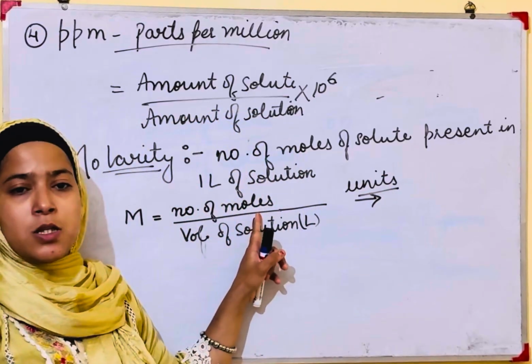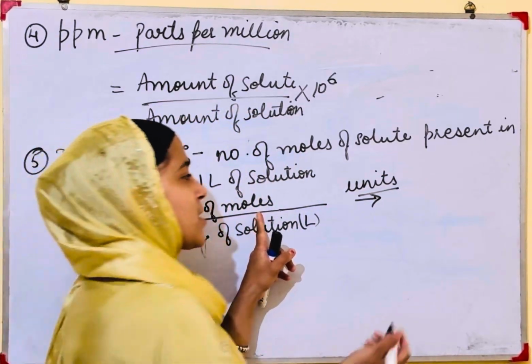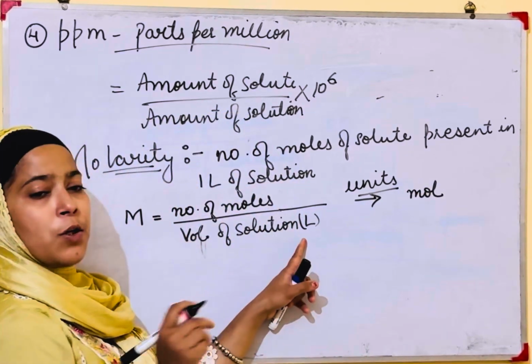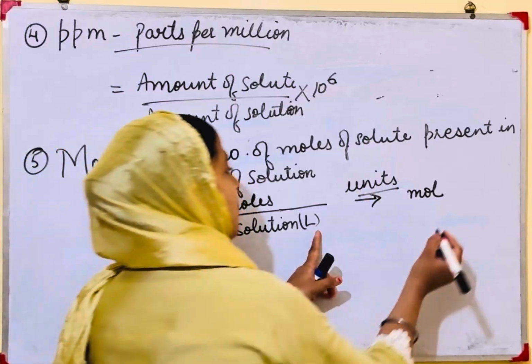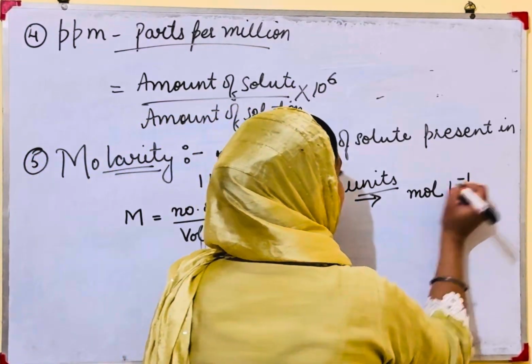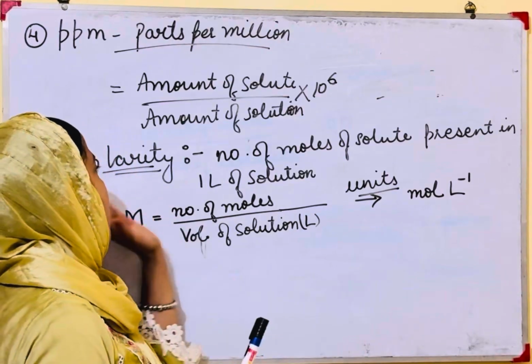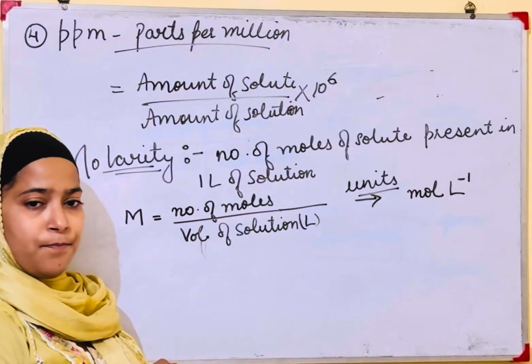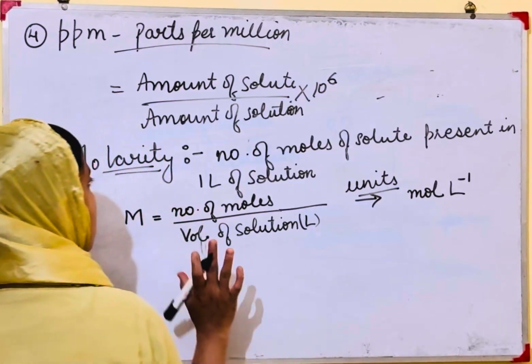Number of moles, unit is moles, so mole. Volume of solution, unit is liter. Here it is in the denominator, so it is mole per liter. So this is the unit of molarity. This is the formula.